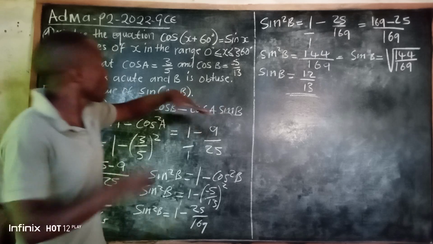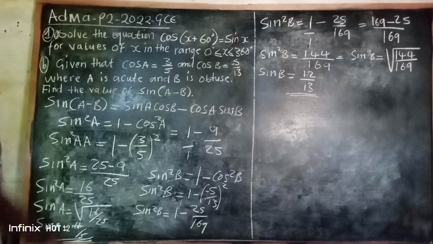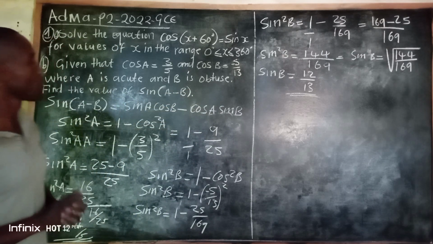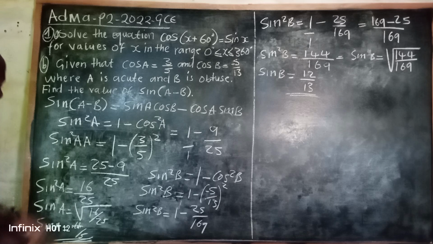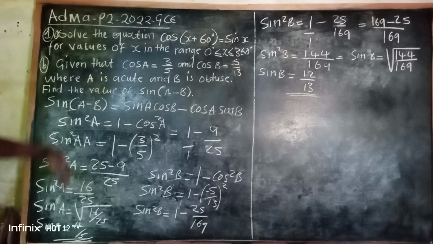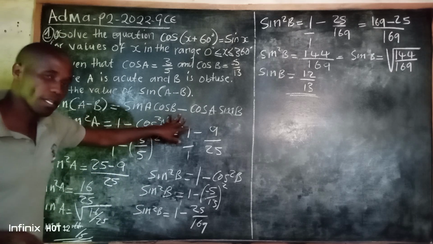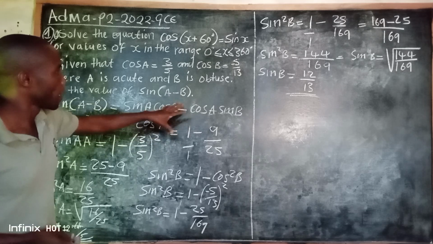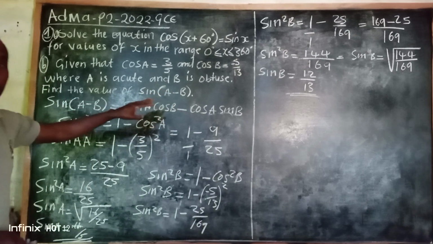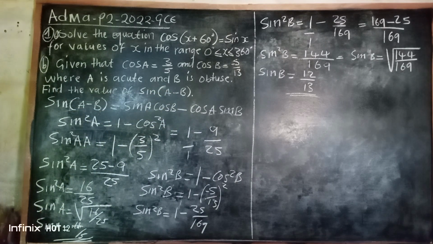Then obtuse angle, that angle is in the second quadrant. That is very, very important for you as a learner to understand, okay? For you to proceed. So now, since we have interpreted this, we can easily substitute, depending on the position of those angles that we have.